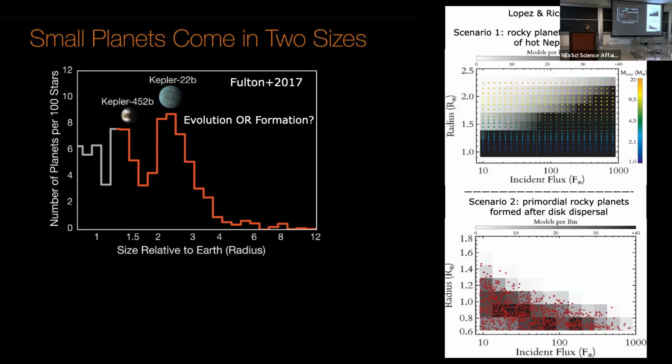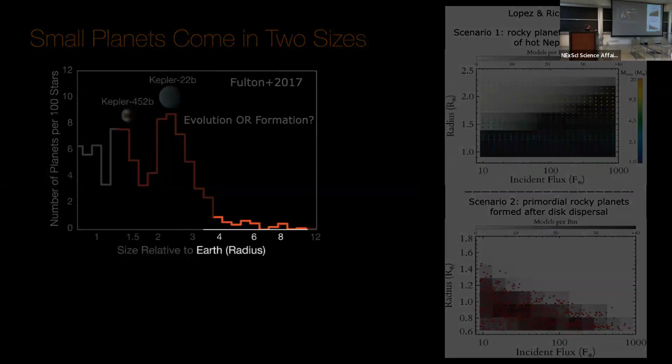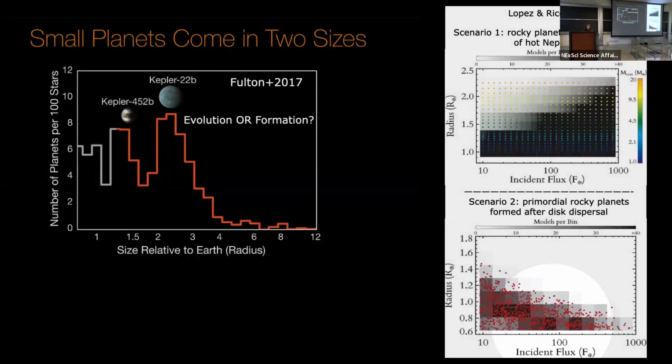On the bottom, the second scenario is the scenario of formation. In that case, the rocky planets, here the super-Earths, would have formed mostly as rocky planets after the disk dispersed its gas.